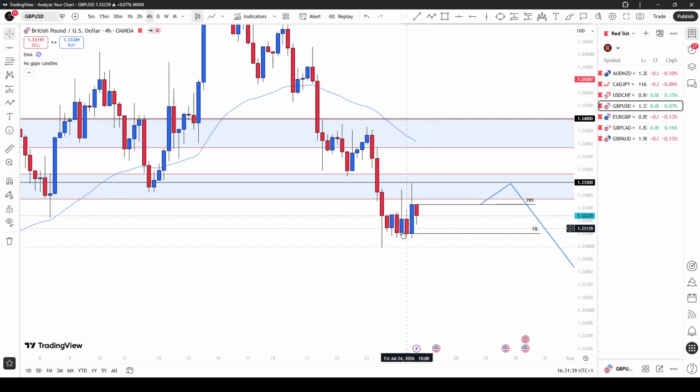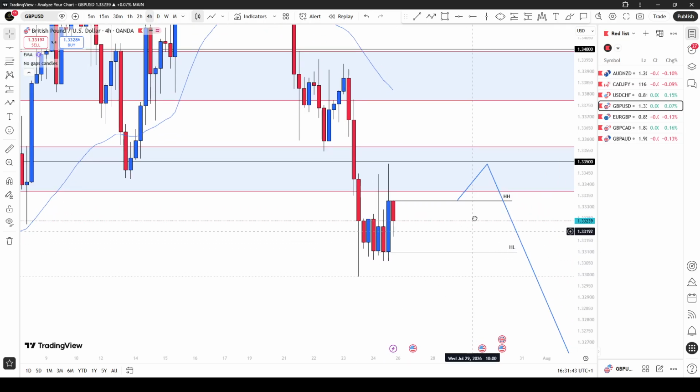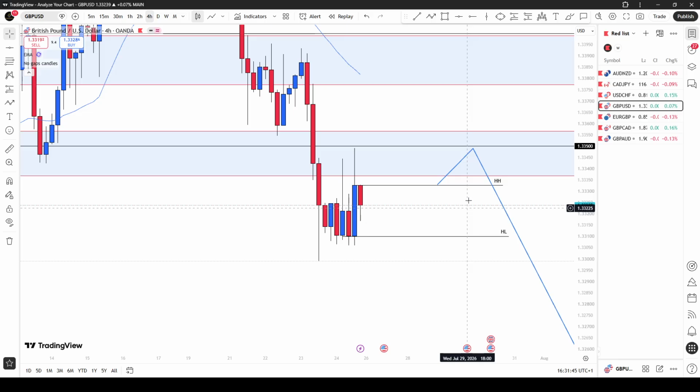Sorry, the 4-hour is bullish. You can see it's kind of confusing, but let me explain. See, this is the lower low. Because this bullish candle engulfed this, this became the lower high, and this is the lower low.